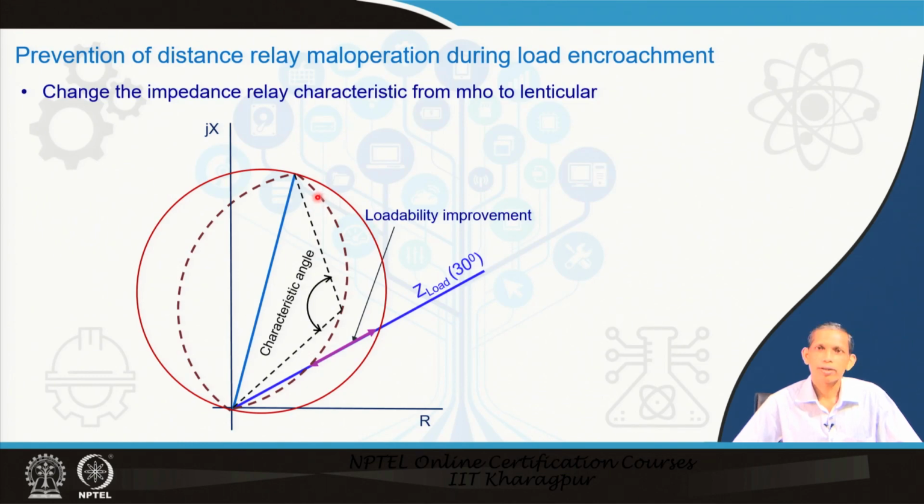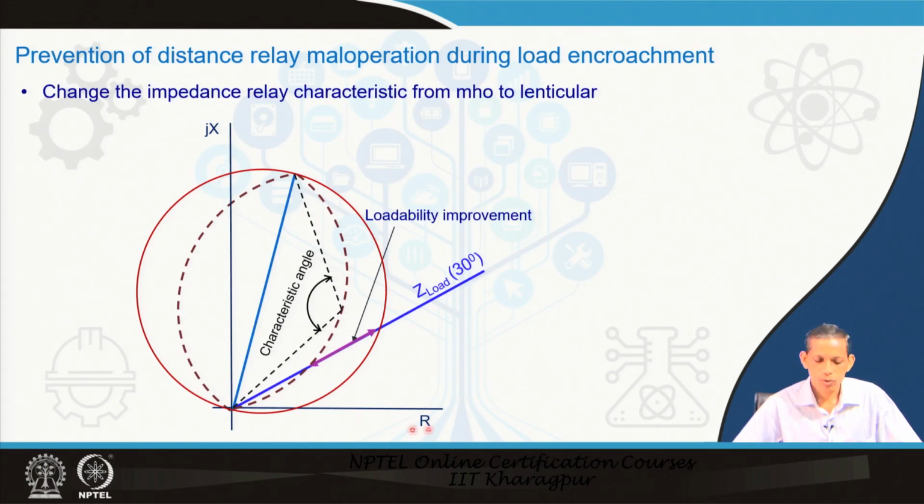So, what to do is that the corresponding characteristic, say the zone 3 characteristic, instead of being circular like mho here, you make it lenticular like the dotted one here. The load falls close to the R axis, because the power factor is pretty large in general.